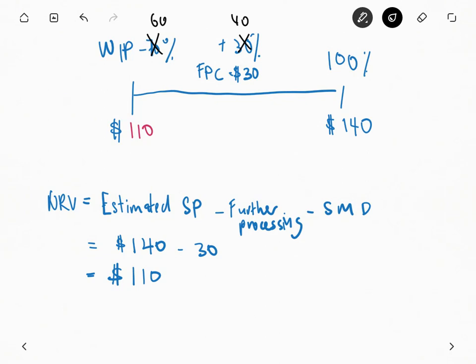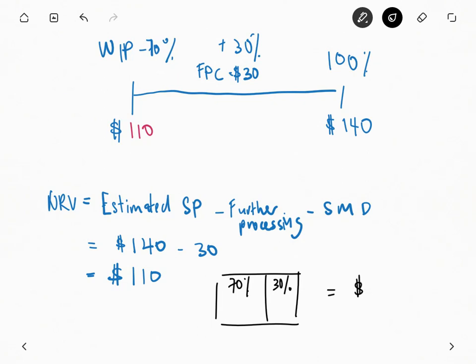If I use back the 70-30, this is my product, finished goods. 70% complete means I still have another 30% to complete. Once I complete the 30%, I can sell it for how much? How much must I incur to further process the 30%? 30.